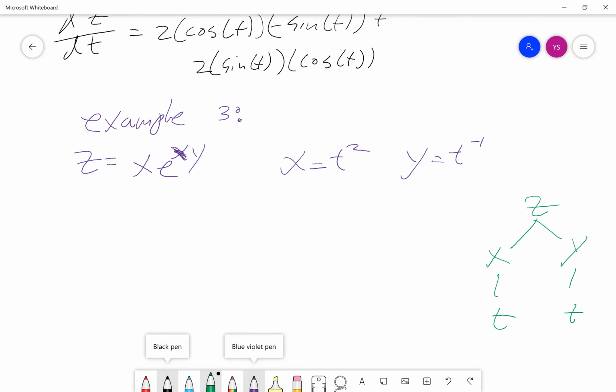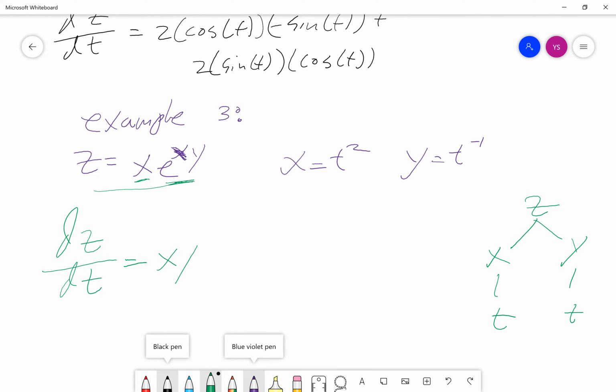And then we say the derivative of z with respect to t is the partial of this with respect to x. Well, what is that? That's x times the derivative of this, where the y just comes down.